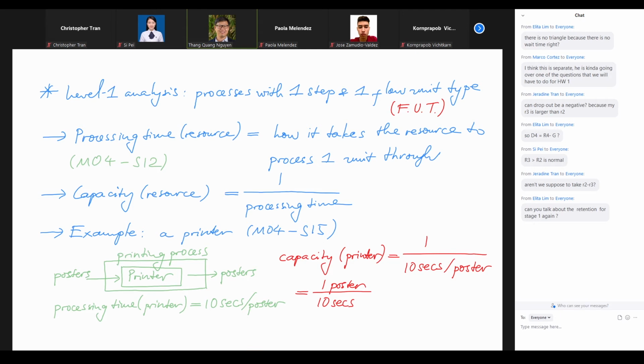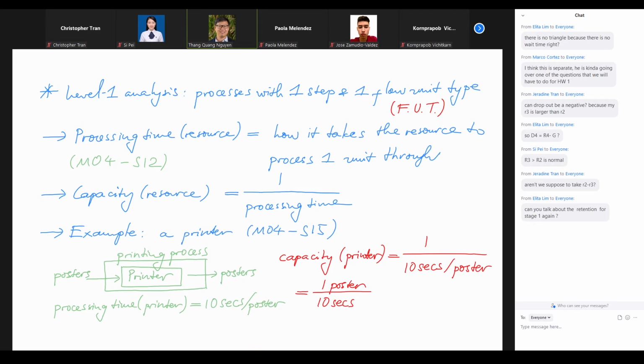And so in daily life, we say the same information in 2 ways all the time. Either you say it takes the printer 10 seconds to print 1 poster, or you can say that the printer can print out 1 poster every 10 seconds, right? And we keep the same information.